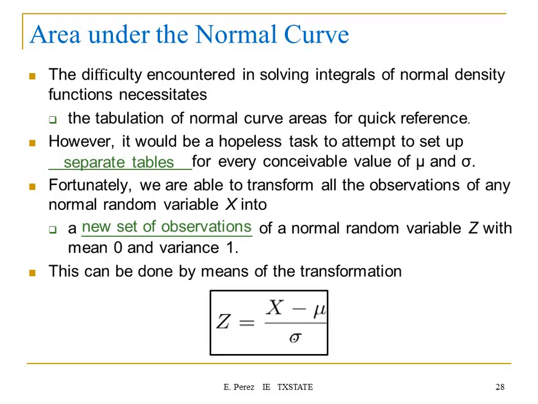This is what we call the standard normal distribution. The standard normal distribution is the normal distribution with mean 0 and variance 1. You can take any normal distribution and transform it to a standard normal distribution using this transformation.